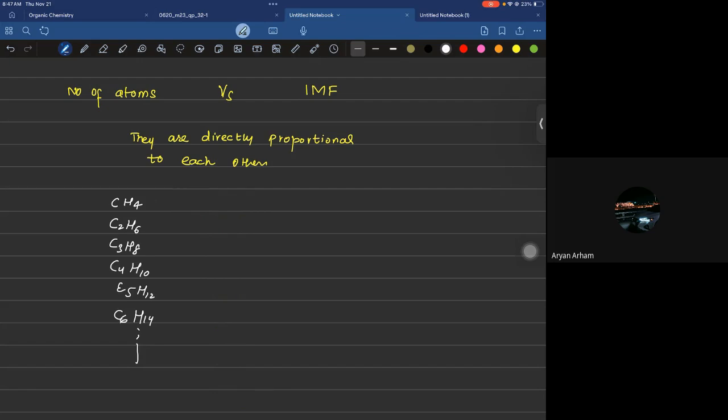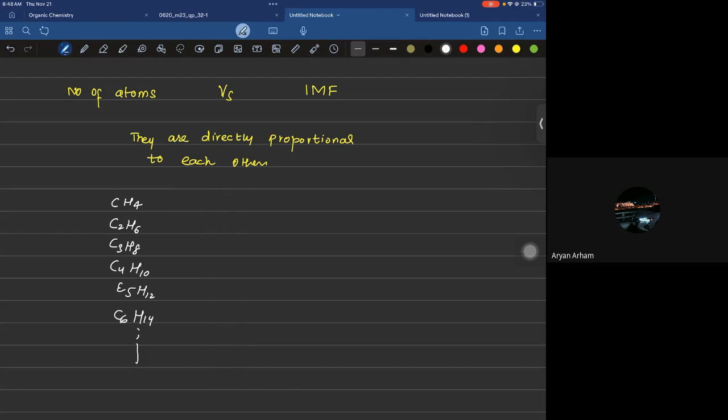So it depends on the total number of atoms and the intermolecular force of attraction. These are the physical properties of alkanes. As the number of carbons increases, the attraction increases, so the boiling point also increases.